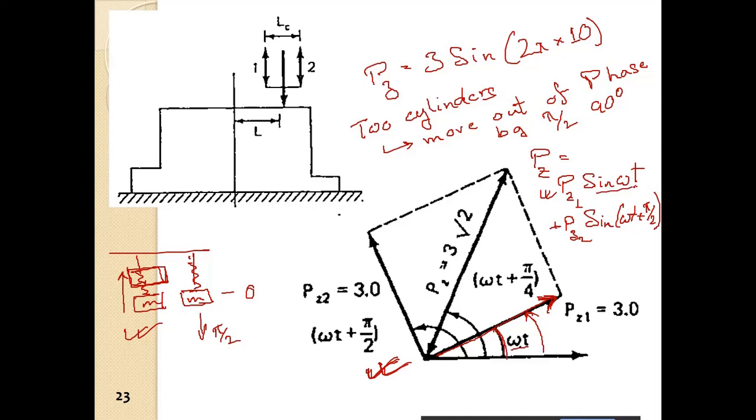So this is Pz1 sine omega t, then Pz2 sine of omega t plus pi by 2. We have this phase over here.